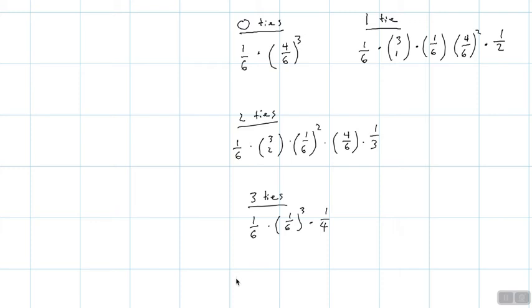So this is it. The probability that we're trying to find is all of these added up. All of these have a 1/6 to the 4th we can factor out and then simply add them up.